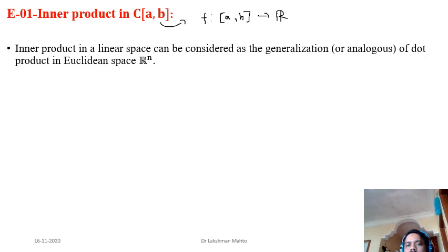So here each element is a function, and it is continuous. Every element of this linear space V equal to C[a,b] is a continuous function over the interval [a,b].